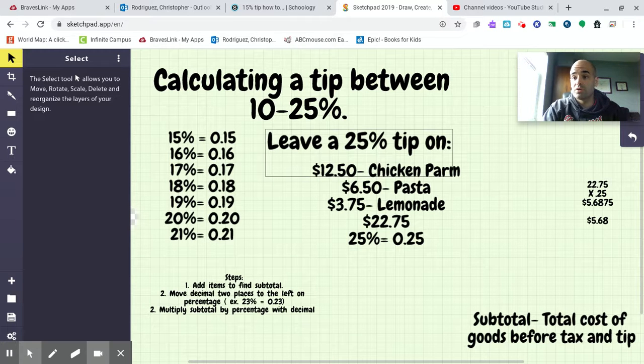So if I go to an expensive restaurant, usually my tip is also going to be much more. That is just how tips work. It's based on the cost of the good. So the more that you pay for the food, the more you will pay for your tip. So $5.68 is the tip for that example.